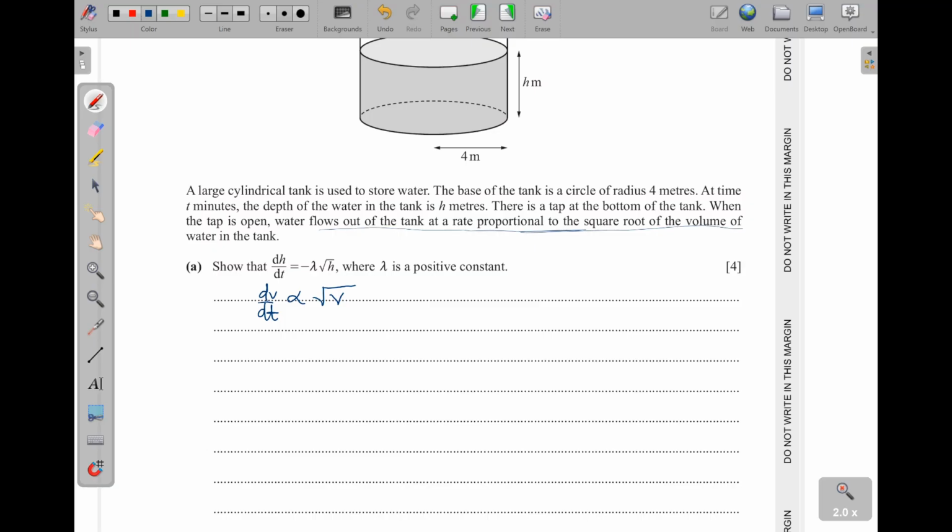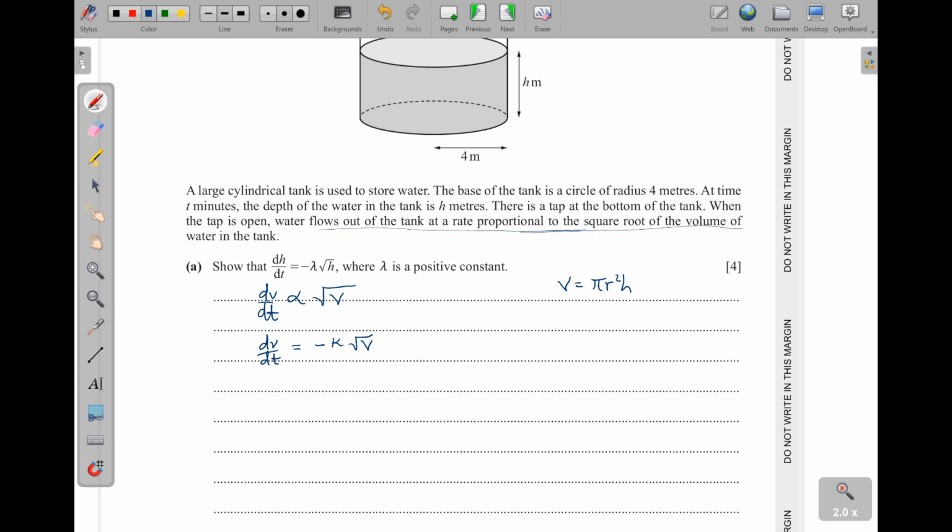Since this is a cylinder, volume is going to be equal to pi r squared h. So I remove the proportionality sign, and since water is flowing out of the tank, that means the volume of the water is decreasing. So here I have to put a negative. So I can put negative k, then square root of V.